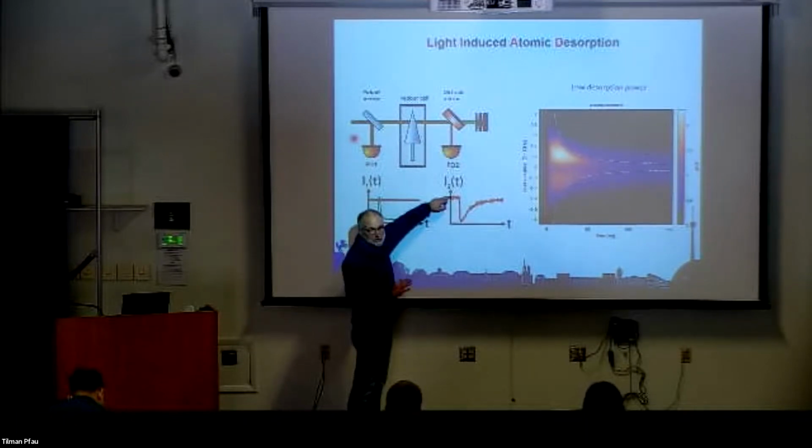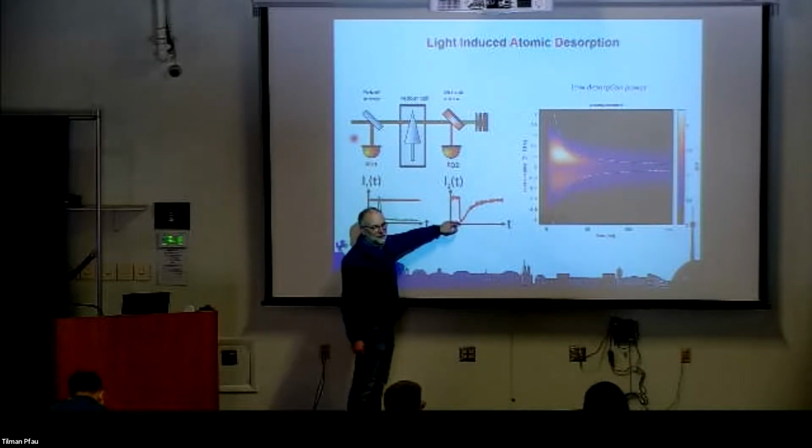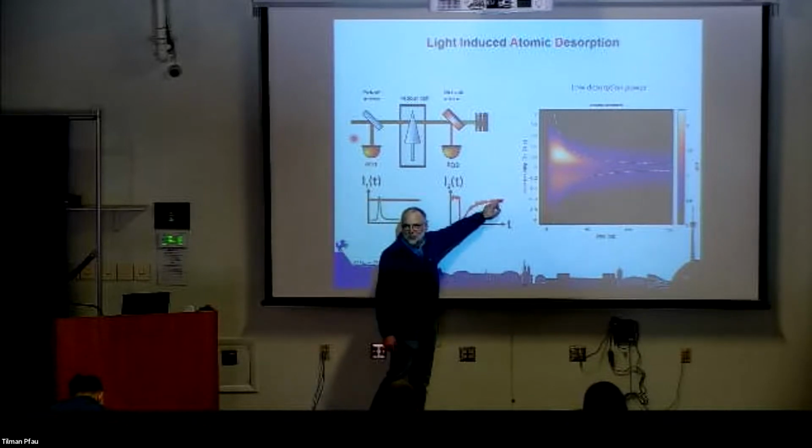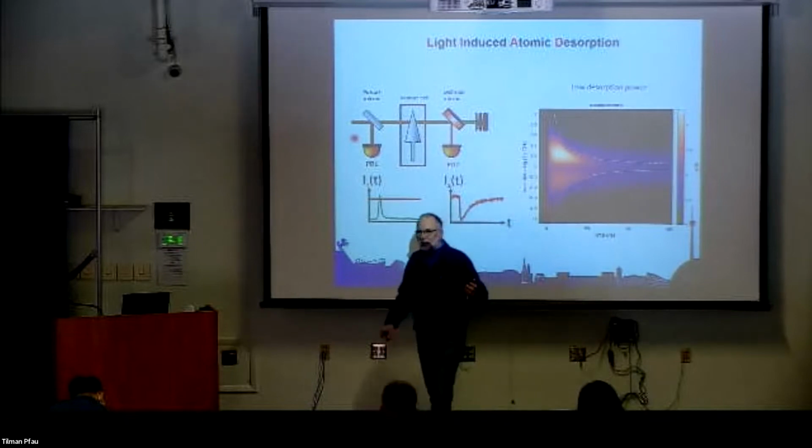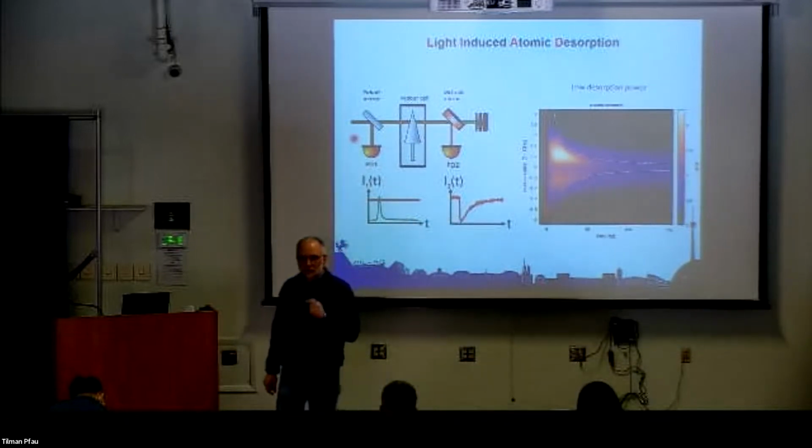Before the pulse comes, there's a certain absorption because of the vapor, but then when the pulse comes, boom, the cell becomes optically thick, and the optical thickness recovers then. And this all happens here on the time scale of tens of nanoseconds.